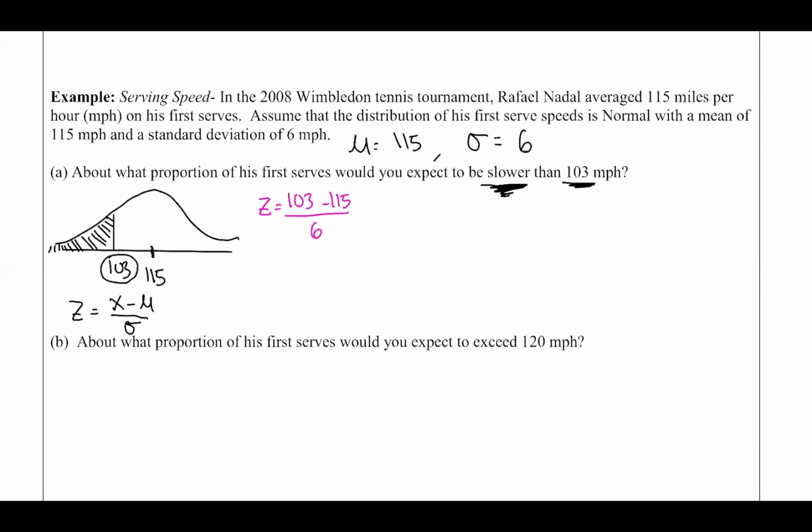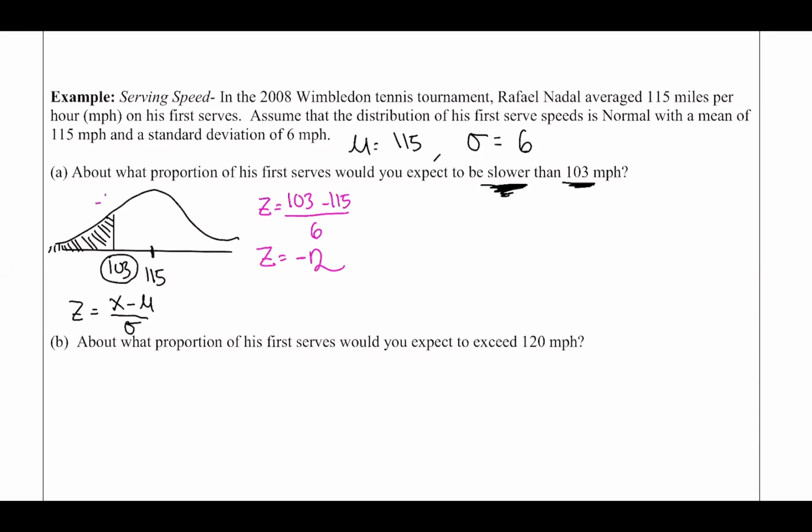I got the 103 minus 115 divided by 6. Okay, so I'm going to go ahead and work that out. 103 minus 115 gives you negative 12. If you do negative 12 divided by 6, you get negative 2. So you get z is equal to negative 2.